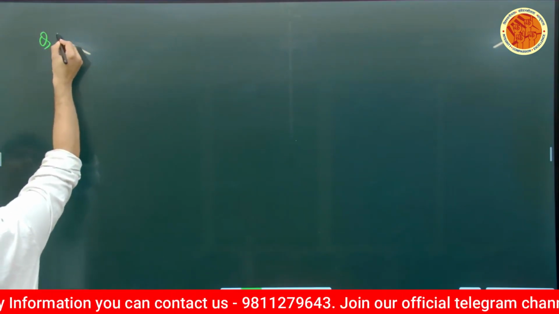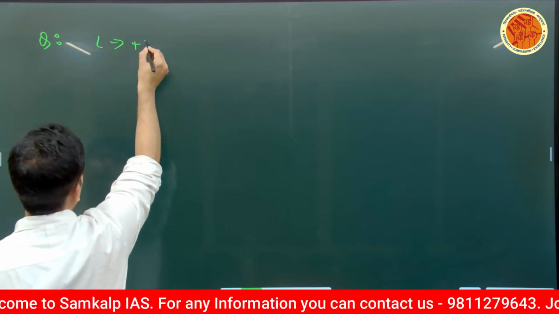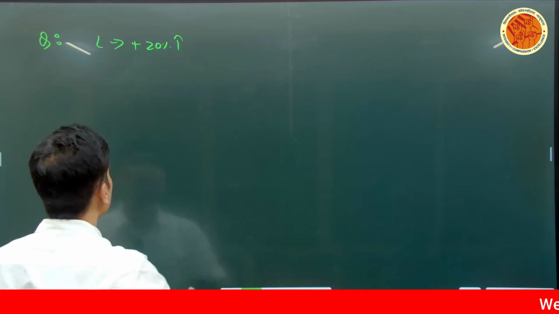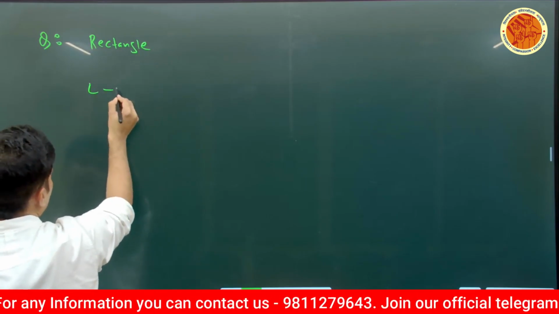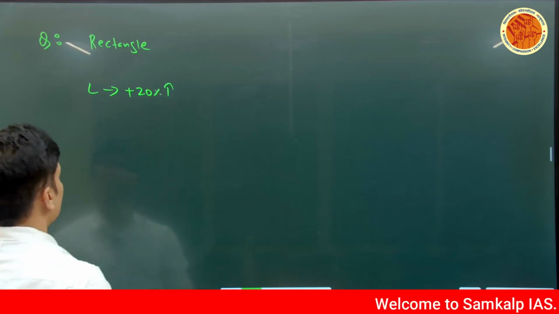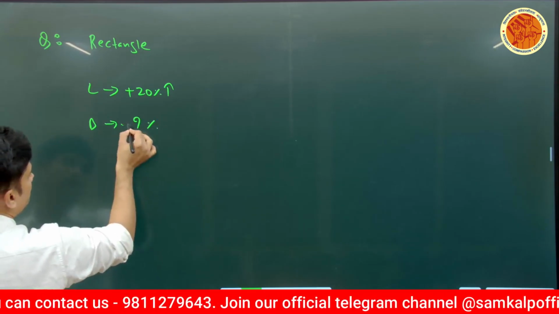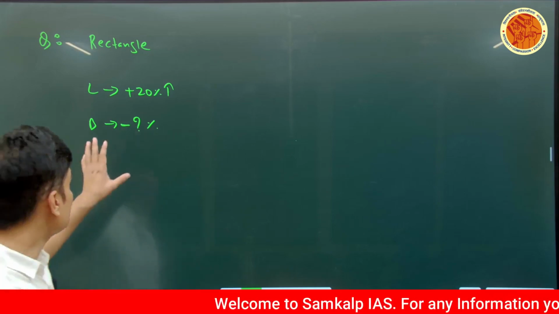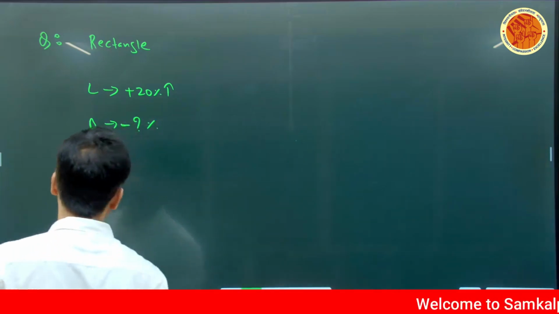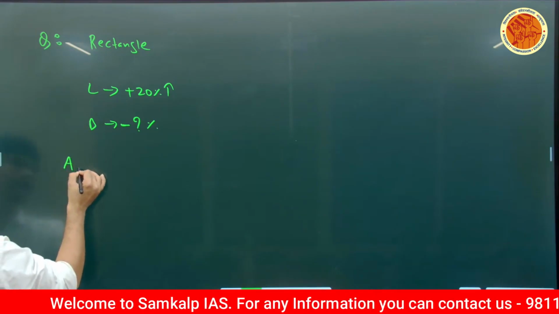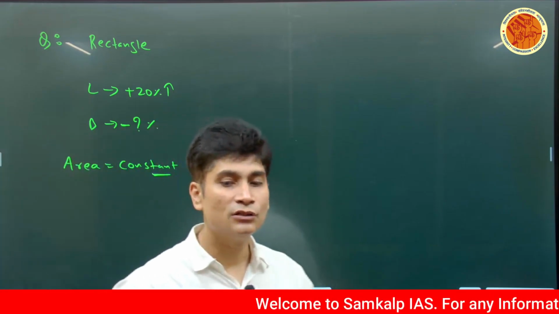If the length of a rectangle is increased by 20%, by what percent should the breadth be decreased so that the area remains constant?